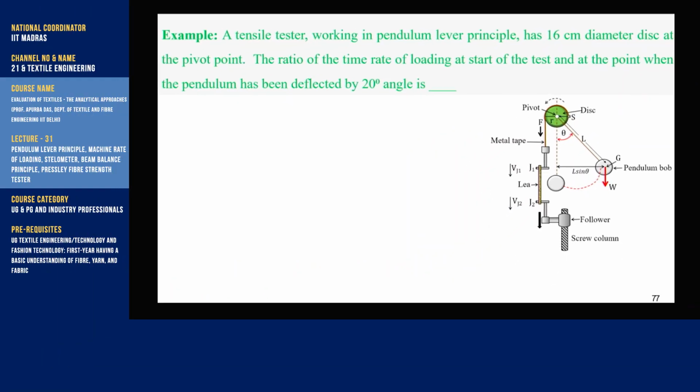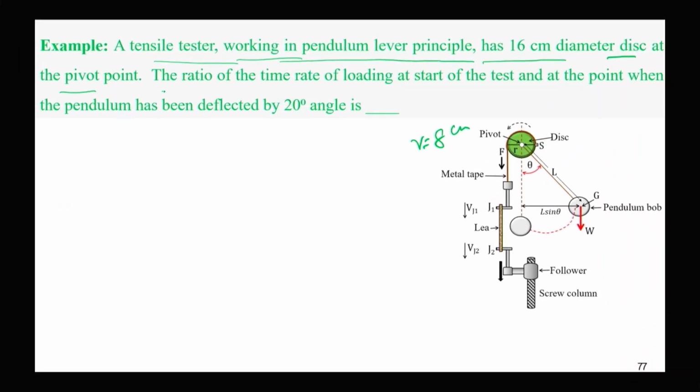Next, a tensile tester working on the pendulum lever principle has 16 centimeter diameter. R is 8 centimeter, of the pivot point of the disc. The ratio of the time rate of loading at start, again a similar numerical, at the starting and at the point of deflection of 20 degree.